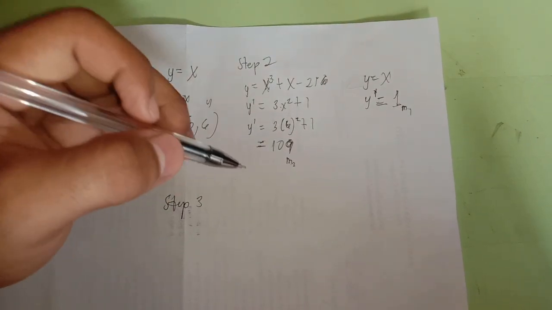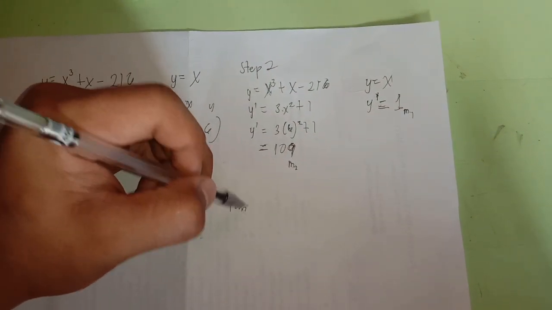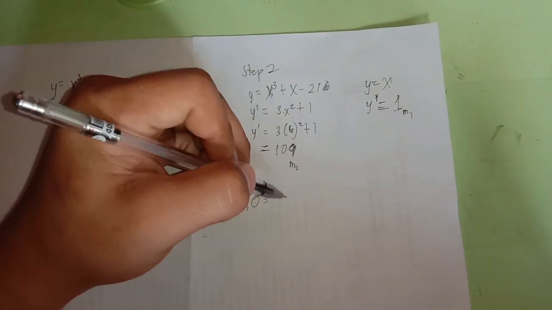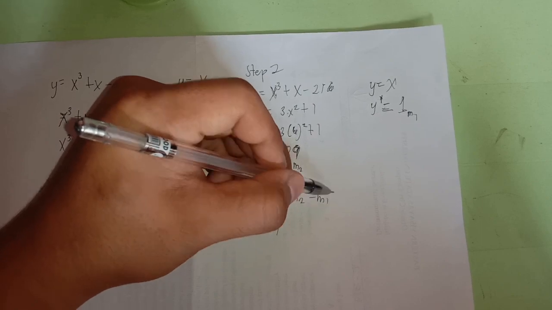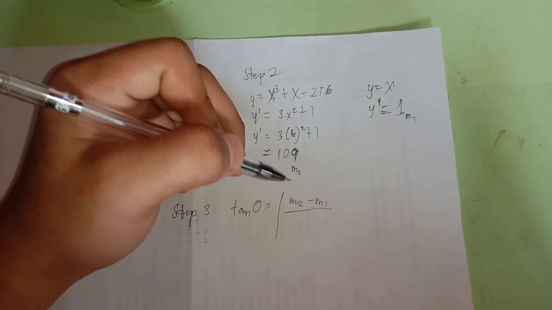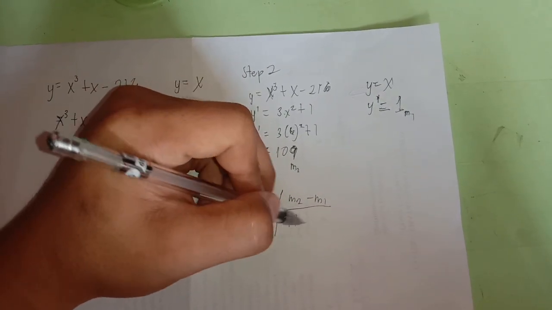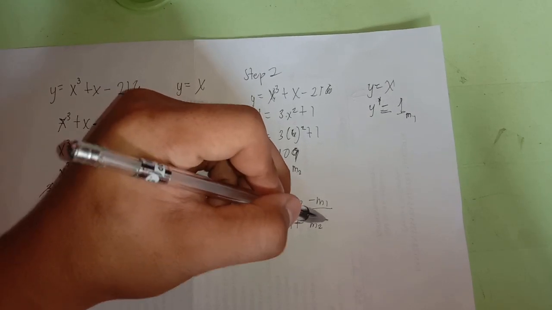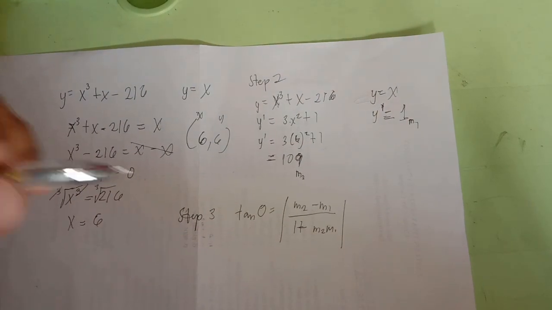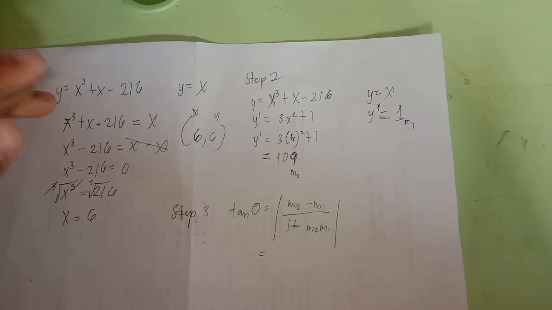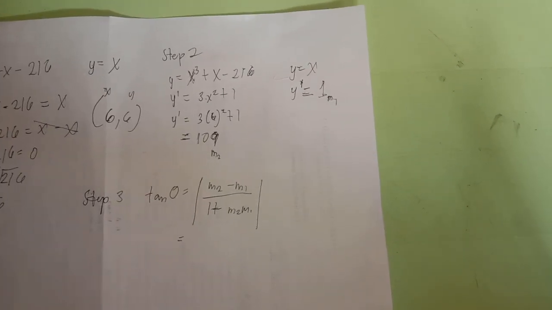Our formula for that is tangent theta equals the absolute value of M2 minus M1 all over 1 plus M2 times M1. So what is our M2?